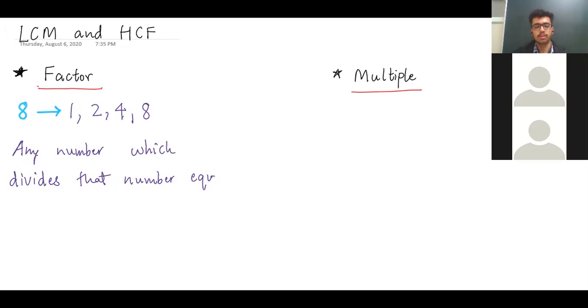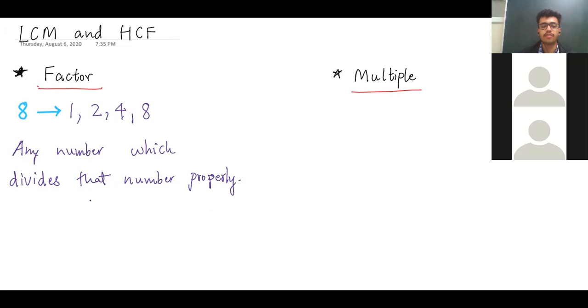Instead of equally, I'll say properly. When I mean properly, I mean there should be no remainder left. If you divide 8 by all of these numbers, you'll get no remainder. So that is called a factor. And I've taught you the method to find factors for big numbers also.